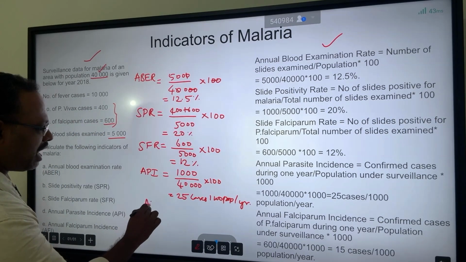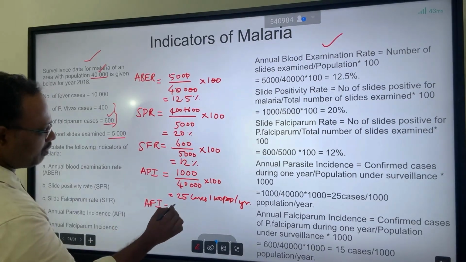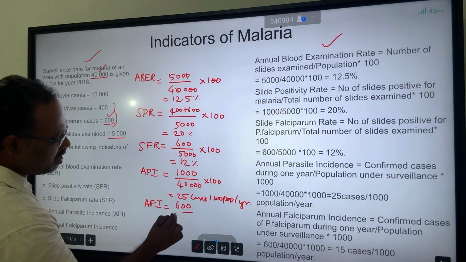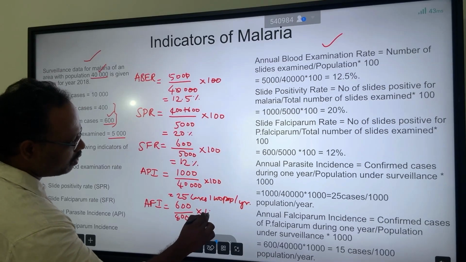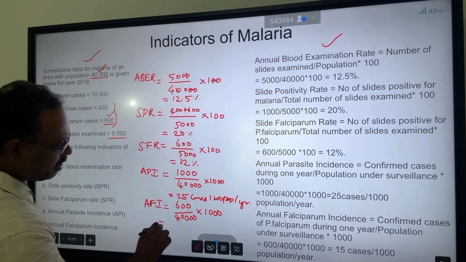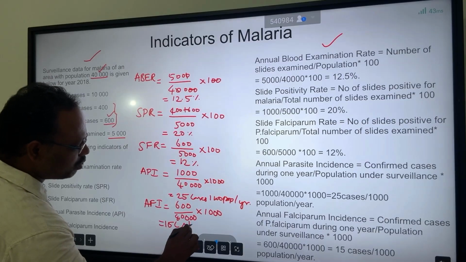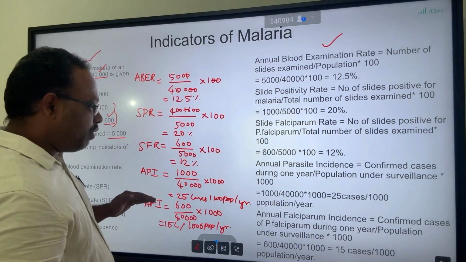Then we have AFI, that is annual falciparum index. For that, the numerator is the confirmed falciparum cases, that is 600, divided by total population under survey, into 1000. So the multiplication factor here is 1000, which will yield 15 cases per 1000 population per year. So that is the indicator of annual falciparum.